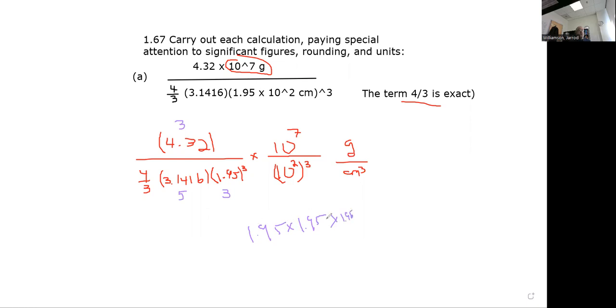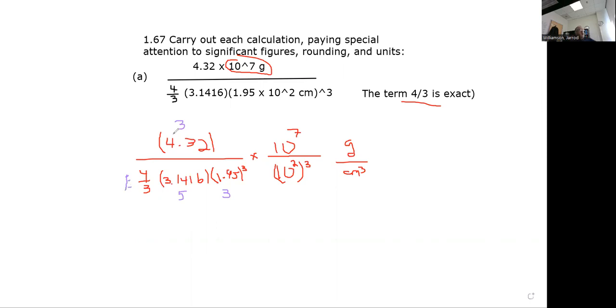All of these are 3 sig figs. So the answer to that must have 3 sig figs. Okay. Now, by the way, the 4/3, like we said, this is exact. Put my letter E here for exact.